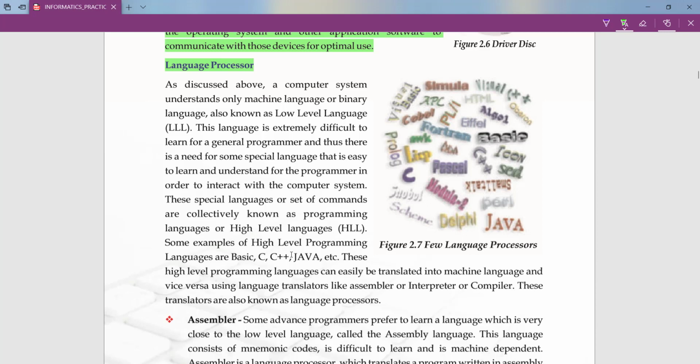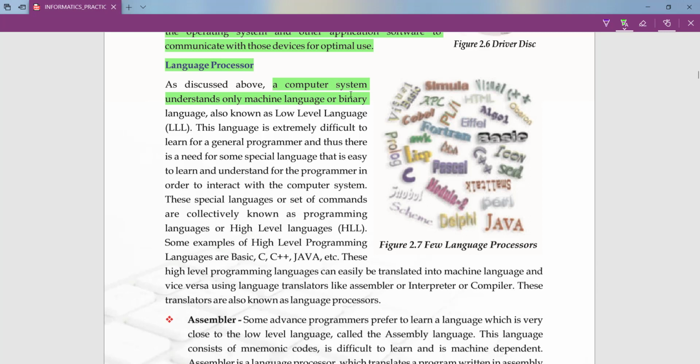These are all high level languages. In these programming languages, we are able to provide our instructions in general English. Clear? So these instructions are converted into the binary language with the help of the language processor. So note down the definition of language processor.